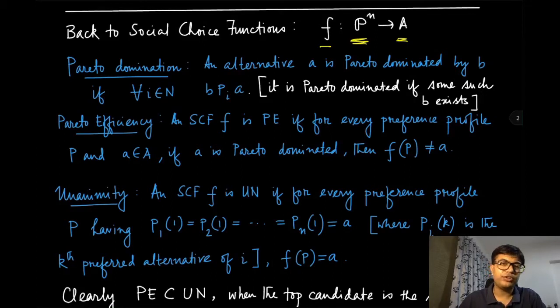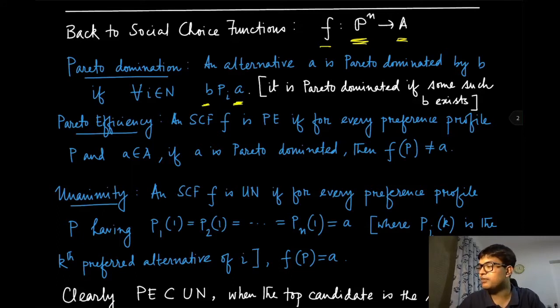Now we are going to define a few notions which will be useful for developing the conditions and the results involving social choice functions. So the first thing is Pareto domination. We can call an alternative A to be Pareto dominated by B if that alternative is strictly dominated by B by all the agents.